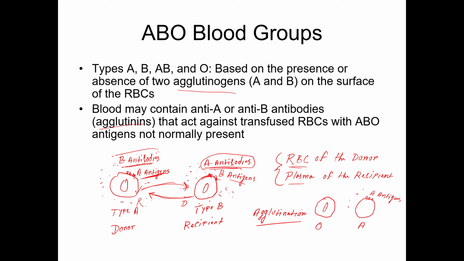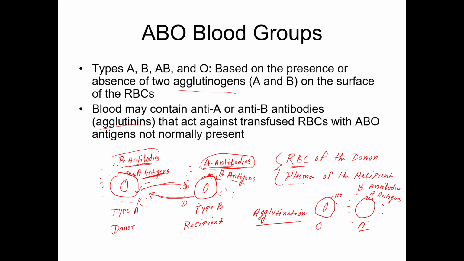In the plasma you have B antibody, right? So this is type A, and type O has no antigen on the surface, no.